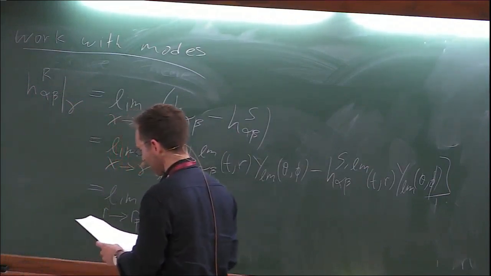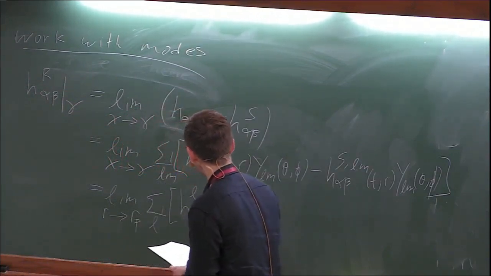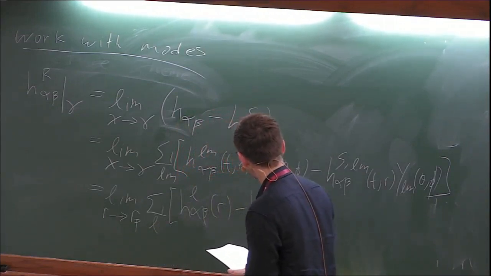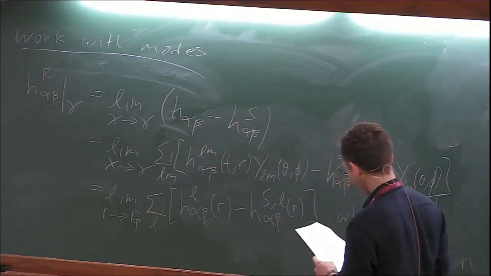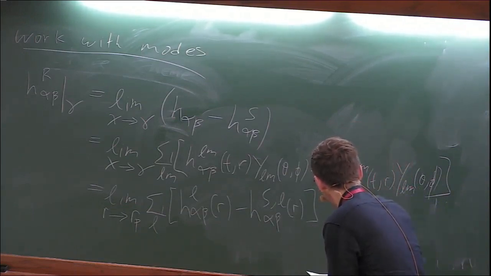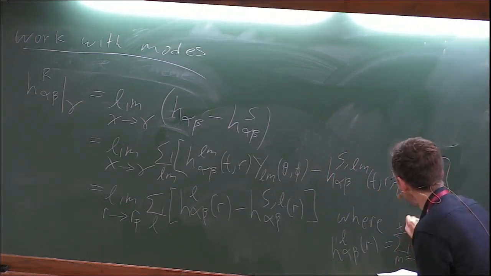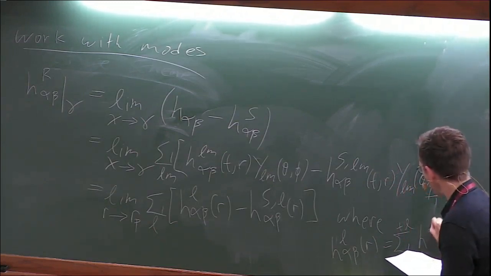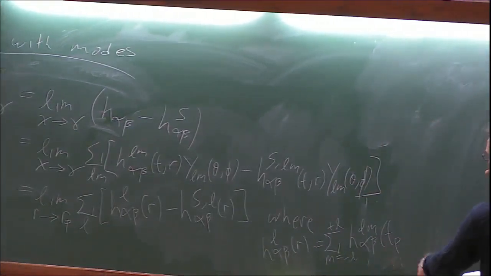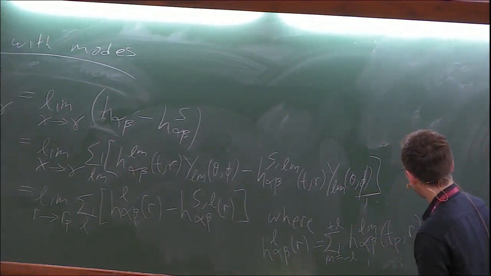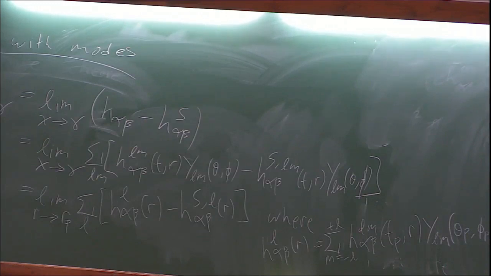I'm going to write this as just a sum over L of h^L_alpha beta minus h^S L_alpha beta, where these individual L modes are just having summed over m, from minus L to plus L. So here we have h^lm_alpha beta, and I'm evaluating at the time on the world line that I'm going to, r, and then Y_lm, and the theta position and the phi position of the particle. So I'm just approaching in the radial direction.